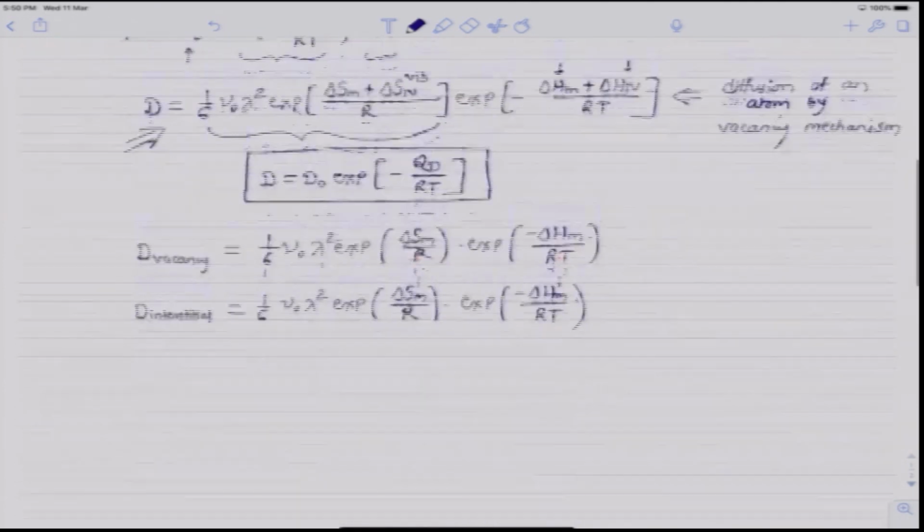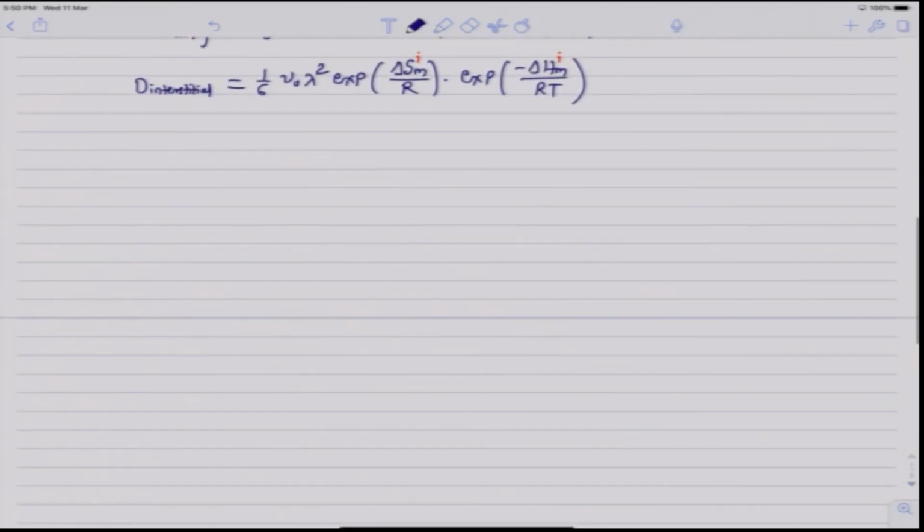Let us see how. So, if we consider for example the 1-1-1 plane in an FCC lattice, suppose we are considering the diffusion of this atom X. So, the first time a vacancy arrives at any of the nearest neighbor of this atom X, it is a random process.